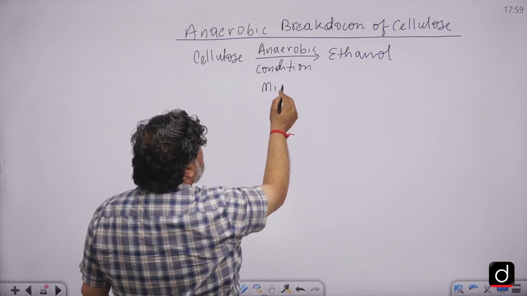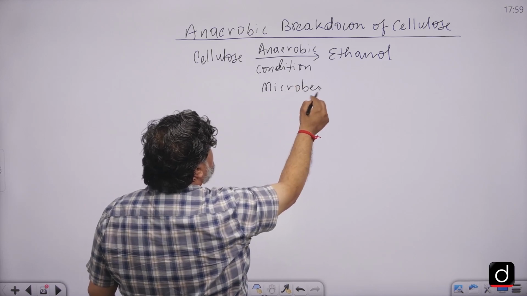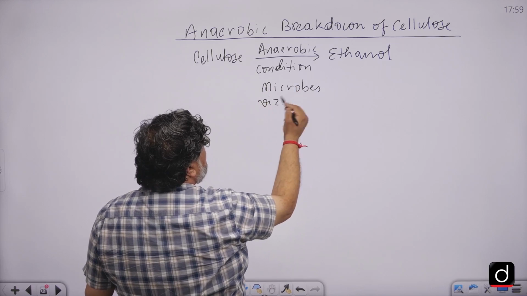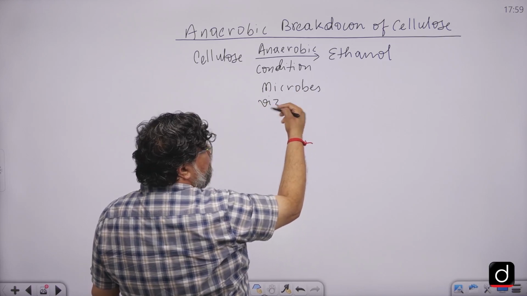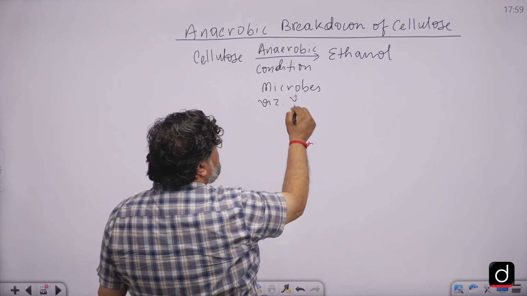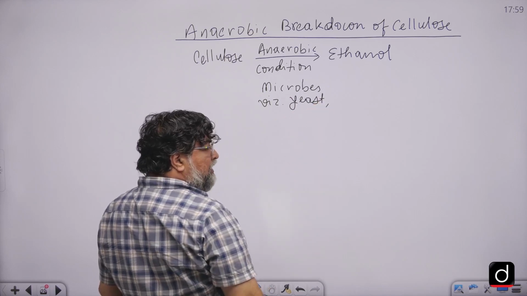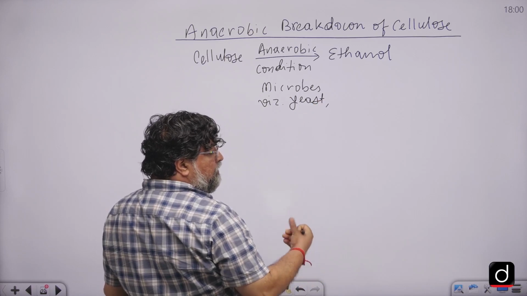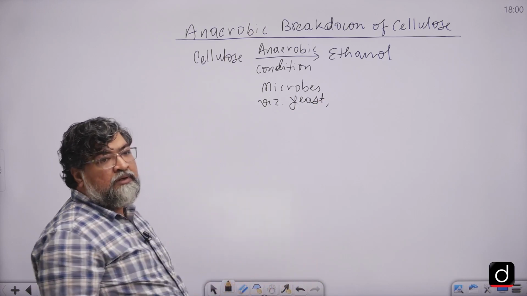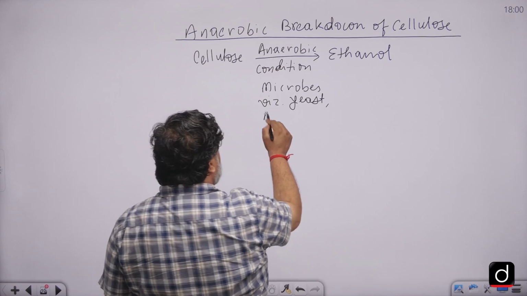This happens with microorganisms, microbes such as bacteria, or I'll give you the example of fungi, the yeast. Yeast is one of them. Then it could also be done by certain other microbes like Aspergillus.